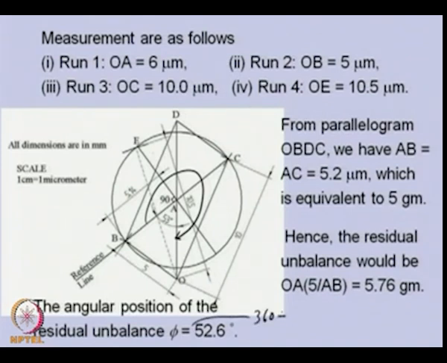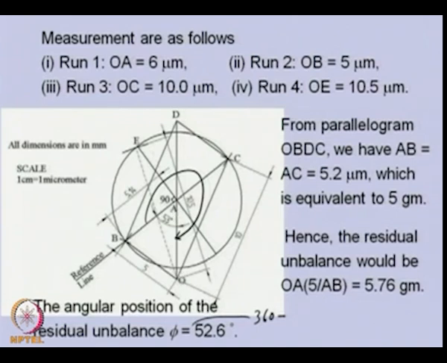And for amplitude, because we know OAB, which is equivalent to the given weight, the weight is 5 gram, AB is the measurement. So AB we can measure, that is 5.2, and that is equivalent to 5 grams, and OA is the residual unbalance.